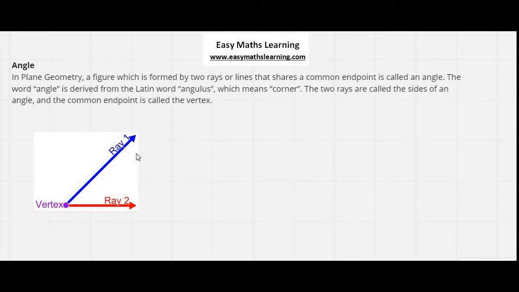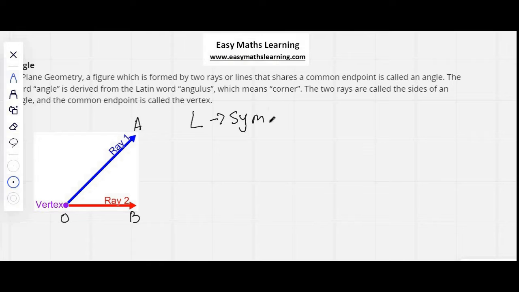We can see here how the picture of an angle looks like and how an angle is named. Suppose it is AOB. This is the symbol of an angle, and it can be named as either angle AOB or angle BOA.